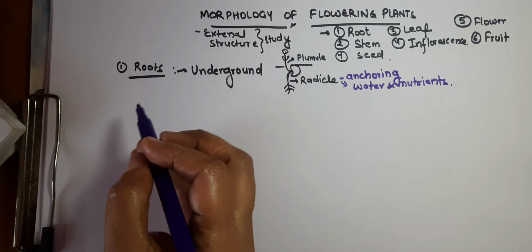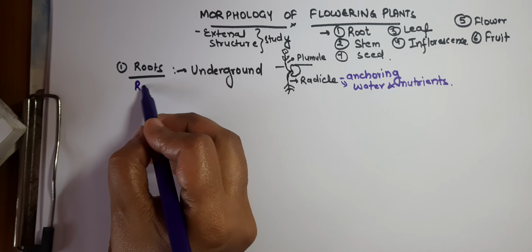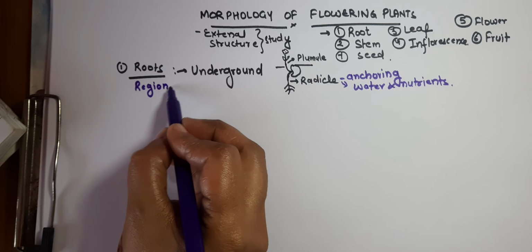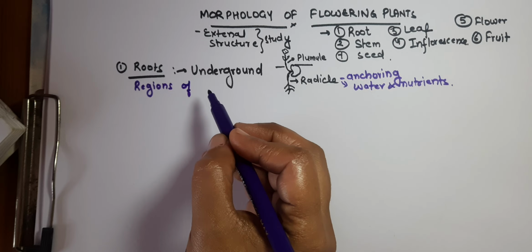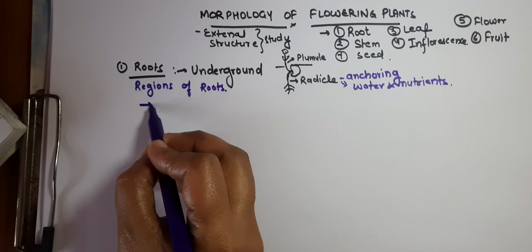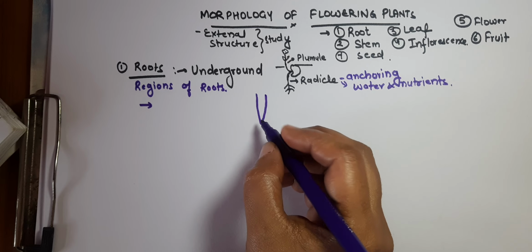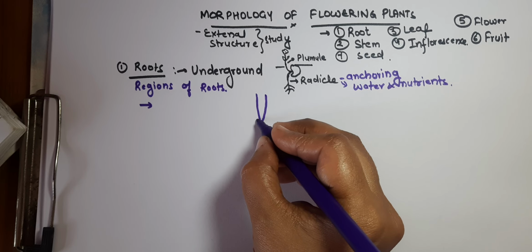So now let's understand the various regions of the root. Students, suppose this is the root. Broadly, there are four parts. The first one is the root cap.